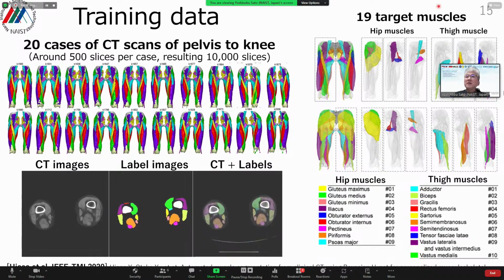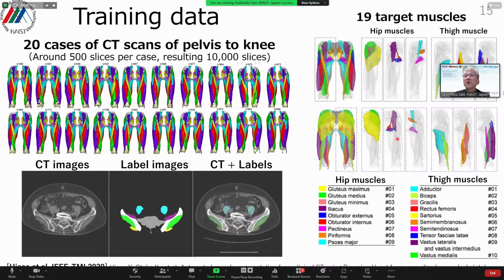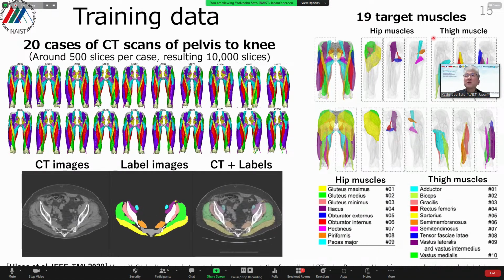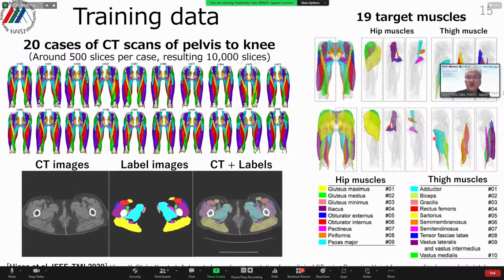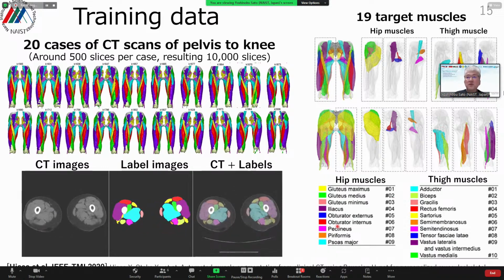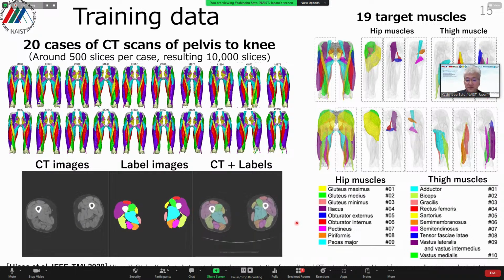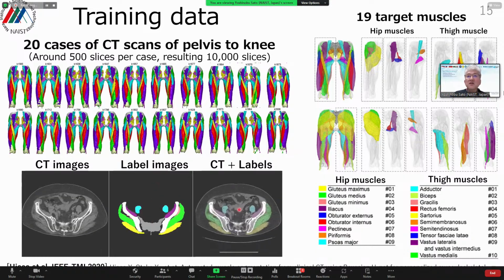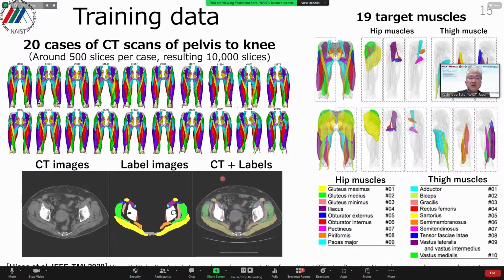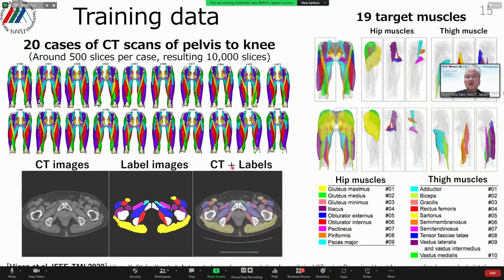In this training data, 19 target muscles are annotated by expert surgeons according to anatomical textbooks. This is the CT image. This is the annotated label image. This is a superimposition of the original CT image and label image.